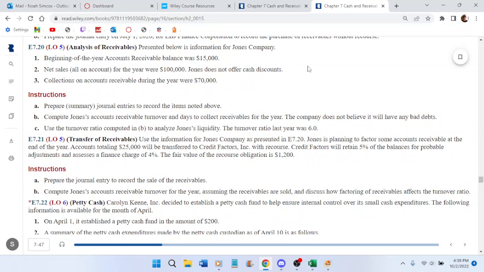Jones is planning to factor some accounts receivable at the end of the year, accounts totaling $25,000. Okay, but how does that have anything to do with the previous question?